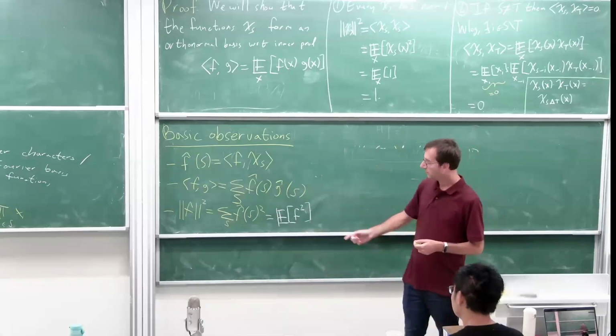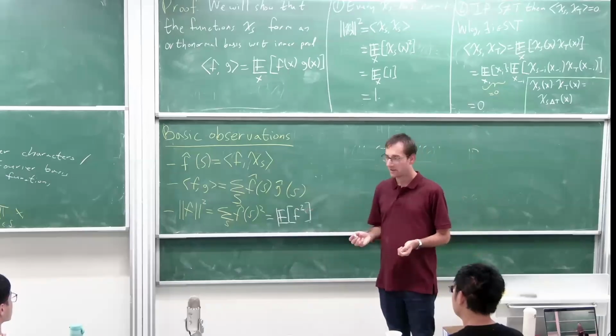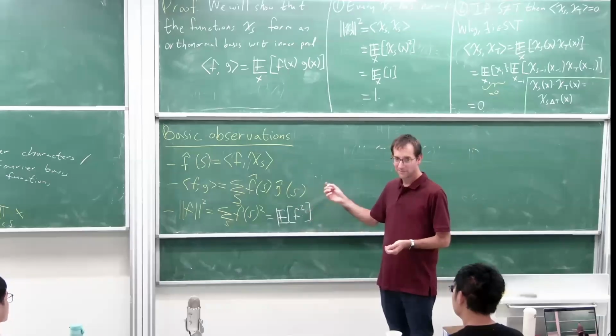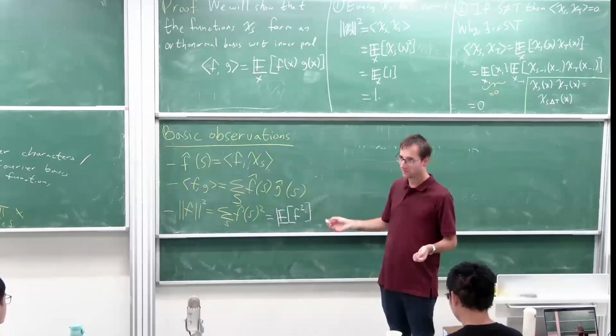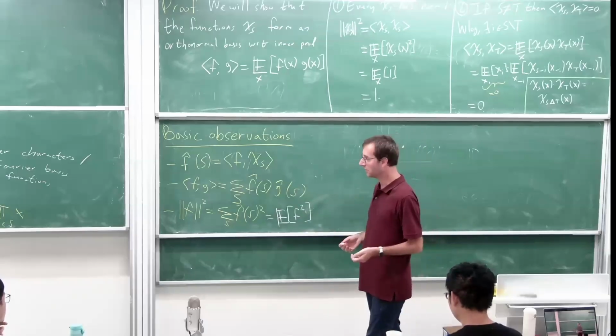In particular, if f is plus minus 1 valued, then this will just be 1. And if f is 0, 1 valued, then this will be the same as the expectation of f. So these are the two common scenarios.